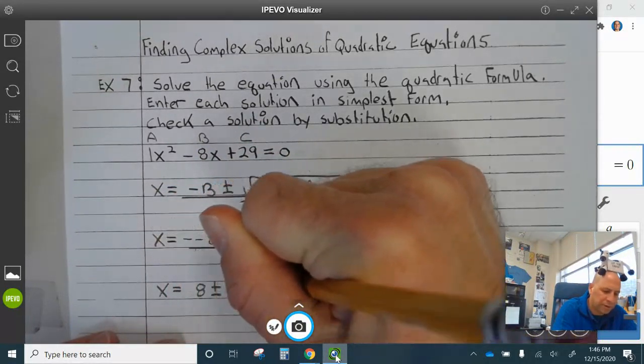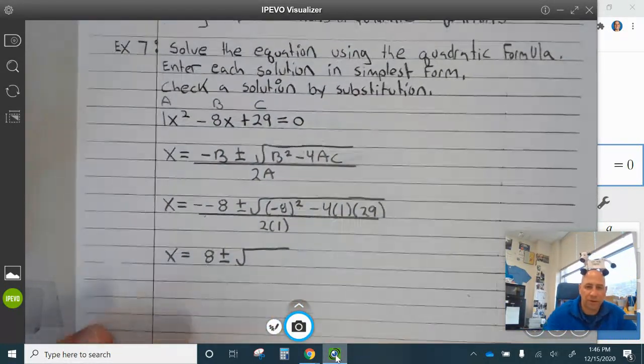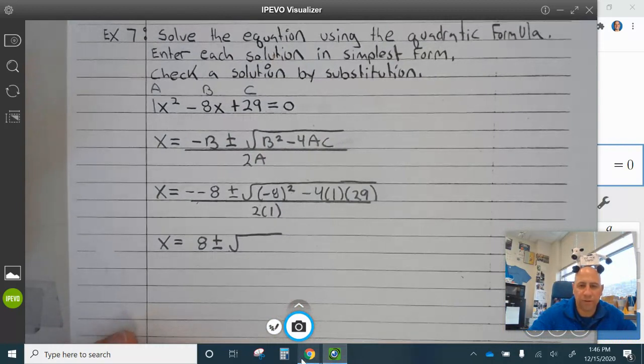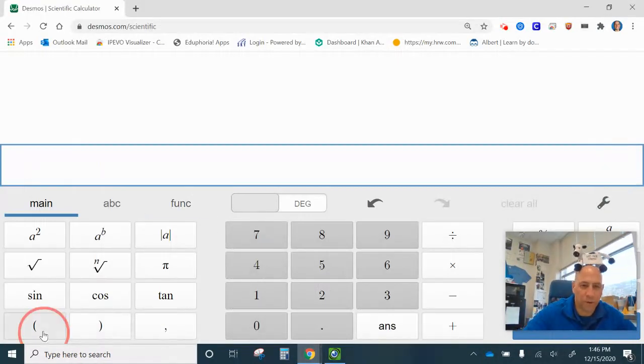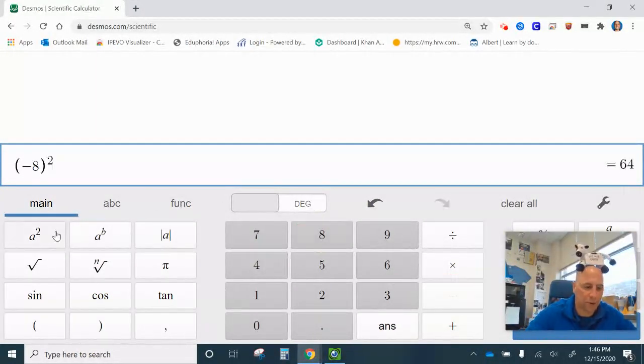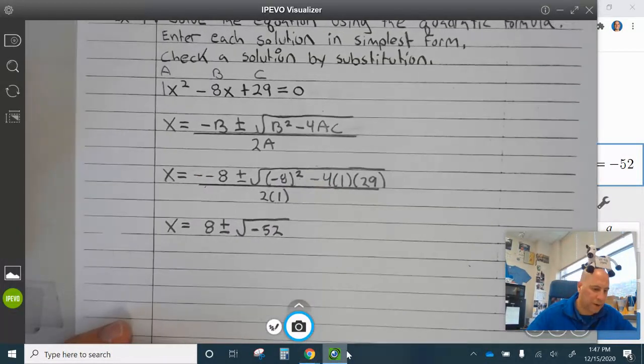What I recommend doing is getting the discriminant. So let's put just the discriminant in the calculator. So that's parentheses negative 8. You have to put a negative number in parentheses when you square it. Minus 4 times 1 times 29 is negative 52, divided by 2.